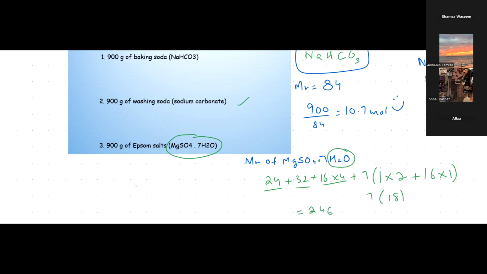Yes. The number of moles will be mass in grams, that is 900, divided by relative formula mass, that is 246. So 900 divided by 246, we are getting 3.658 or 3.66.